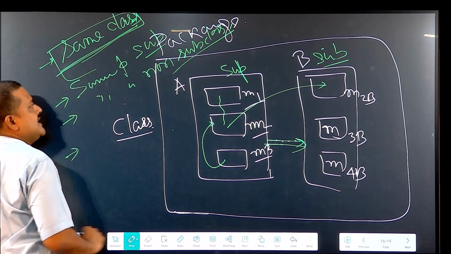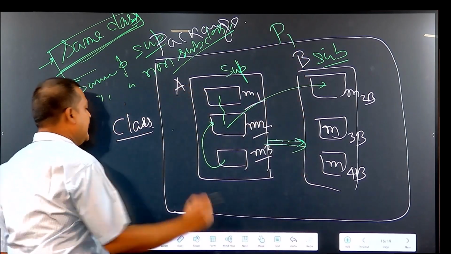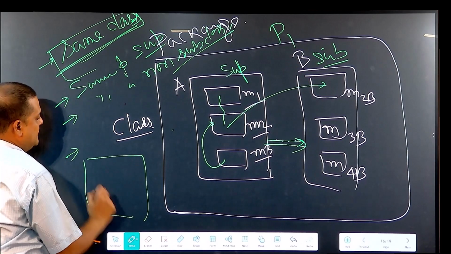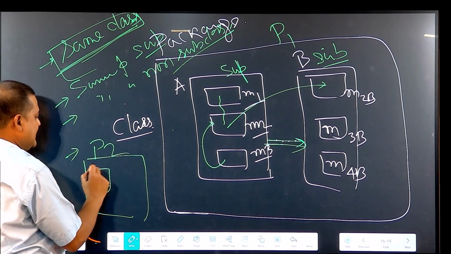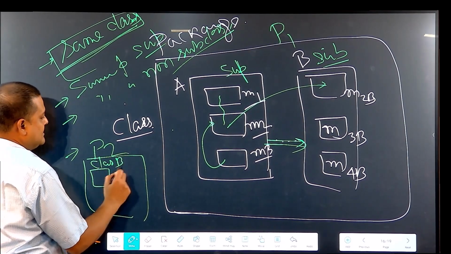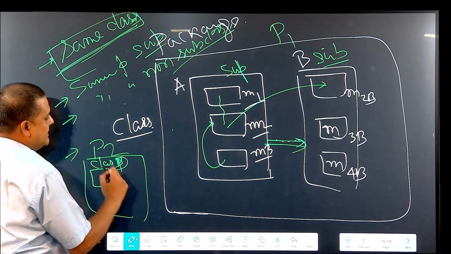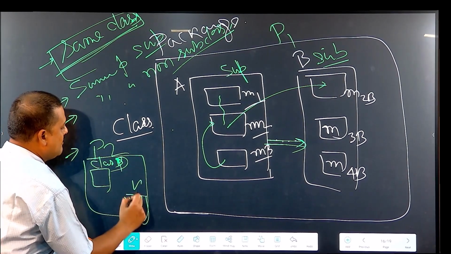There can be another scenario. This is a package, say for example this package name is P1. In the same way, there is another package, P2. Here is also another class, class D, and class K, with some members.